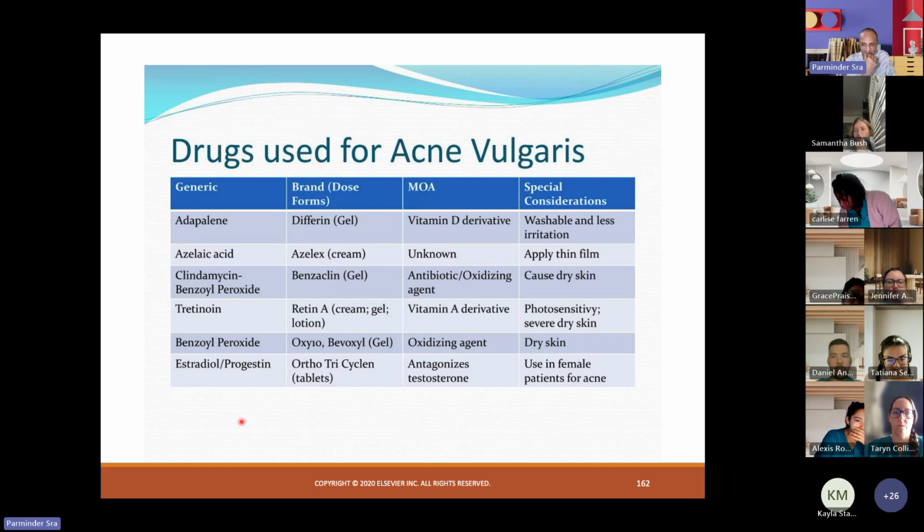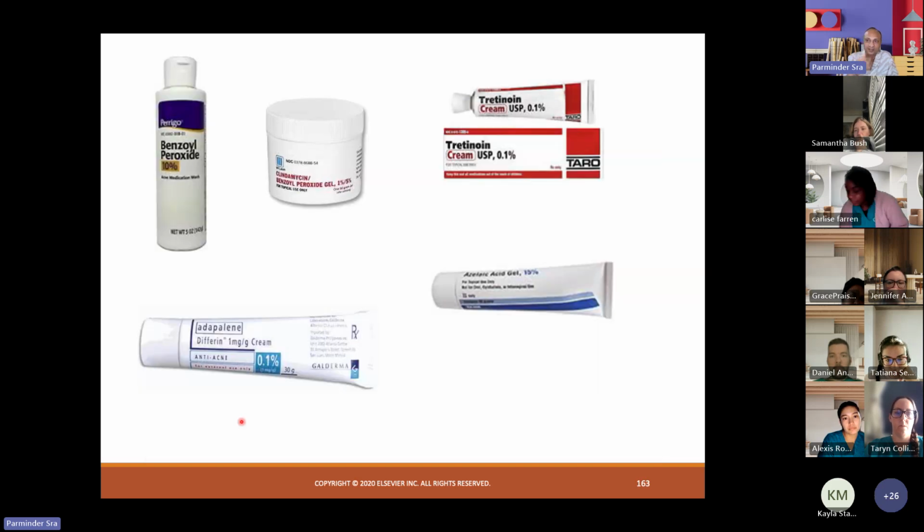Then tretinoin, benzoyl peroxide itself, and then your hormonal pills. This is how they look. This is your benzoyl peroxide OTC product. This is Benzaclin, a combination of benzoyl peroxide and clindamycin. This is tretinoin. This is azelaic acid. This is adapalene.